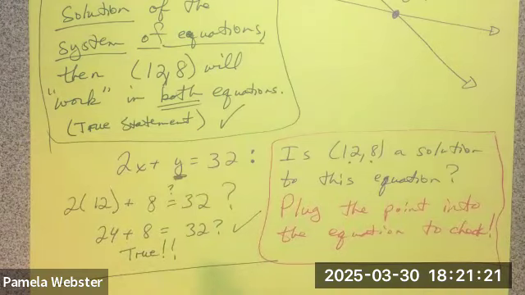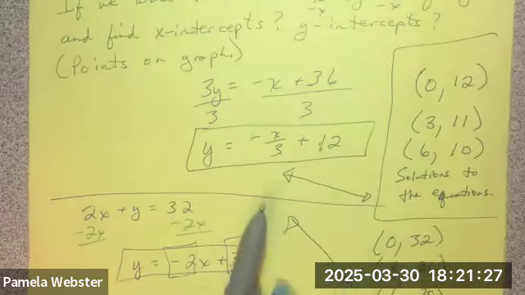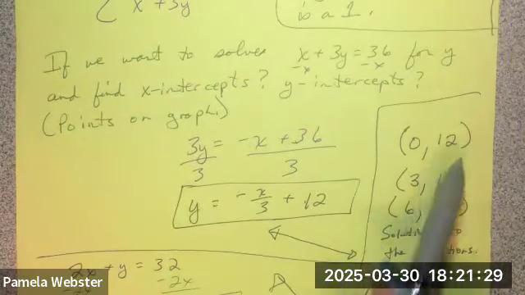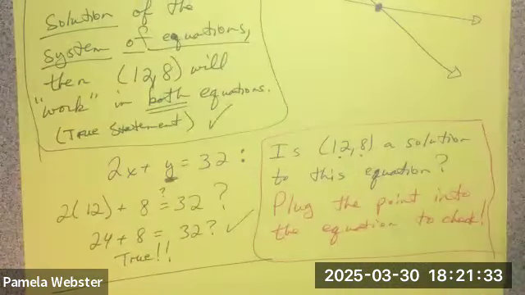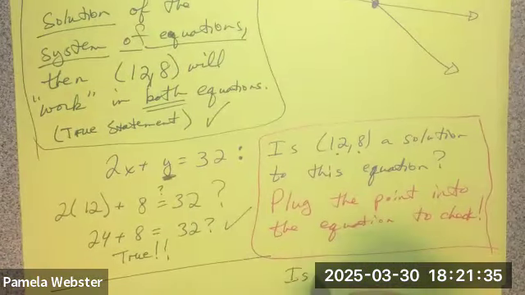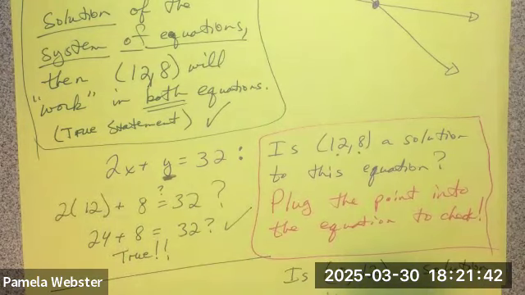Now, what if I had put something in and it didn't work? For instance, on this one, we'd said (0, 12) doesn't work, right? So let's just check. Is (0, 12) a solution to this same equation, not the other one?